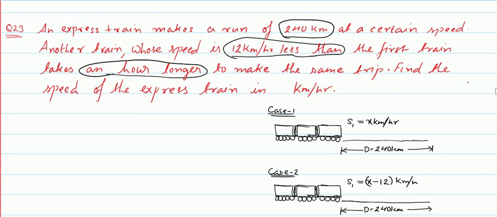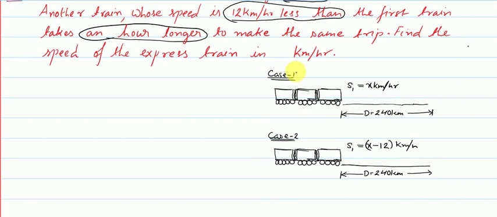Okay, so one is the express train. It is traveling with a certain speed, so that certain speed we can take as x kilometer per hour. Distance that it should cover is 240 kilometer.